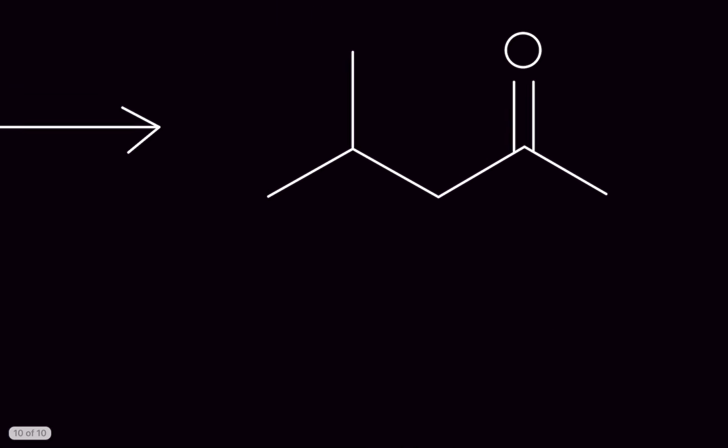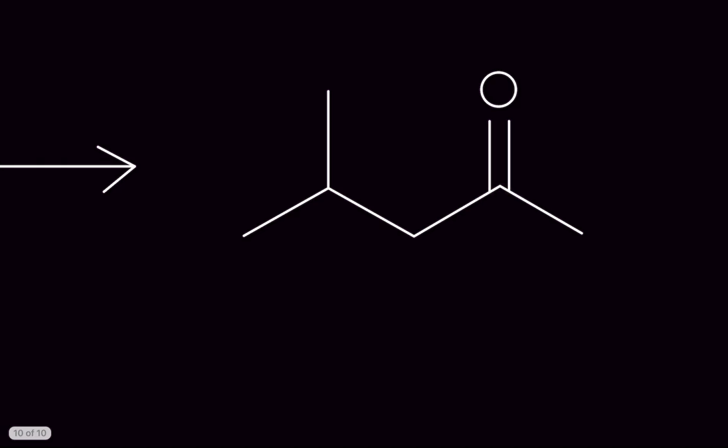If your ketone or enol is one carbon away from the end of the molecule, you will make a terminal alkyne. If you are more than one carbon away, then you're going to make an internal alkyne.